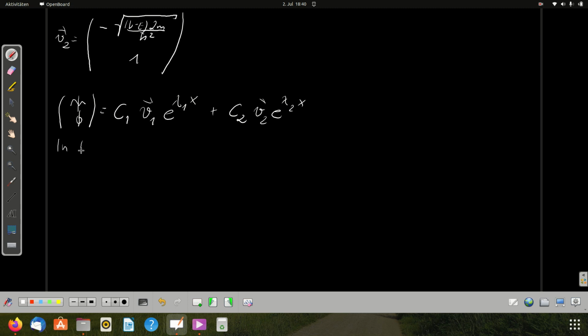So in region 1, lambda 1 and lambda 2 are complex. This is because in this region the potential is 0.